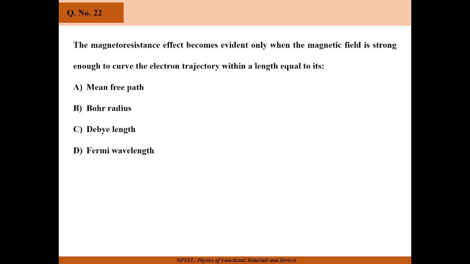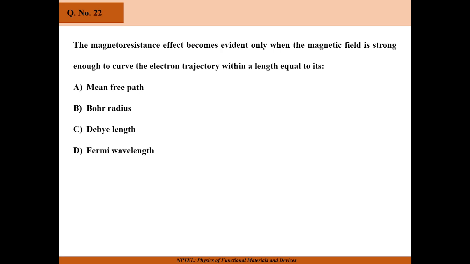The magnetoresistance effect becomes evident only when the magnetic field is strong enough to curve the electron trajectory within a length equal to its: mean free path, Bohr radius, Debye length, or Fermi length? Which one do you think is the correct answer? You can expect these kinds of questions.